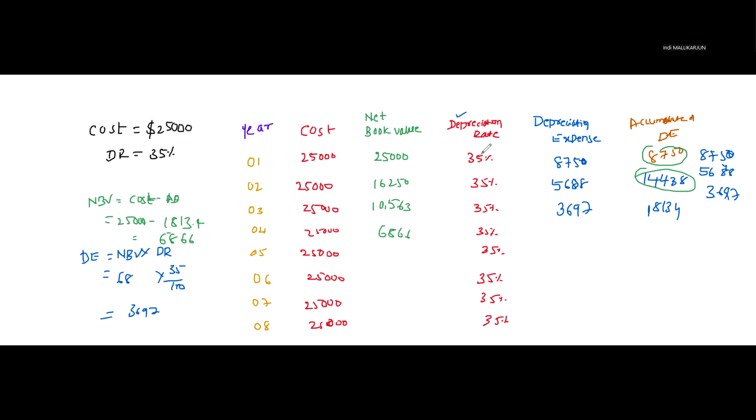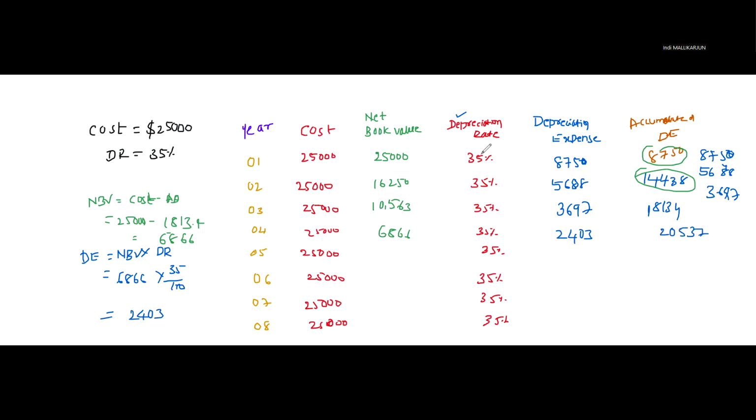With 6866, you will get 2403. So write down 2403. Now accumulated depreciation becomes 20,537.